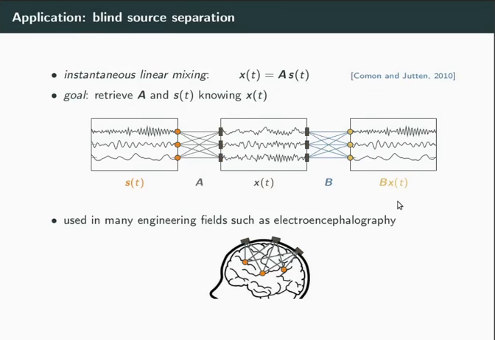It's used in different engineering fields, for instance in electroencephalography, where you have some sources which are some dipoles, some electrical activity in the brain, that goes through the brain, the skull, the scalp, and it mixes while it propagates to the different sensors.